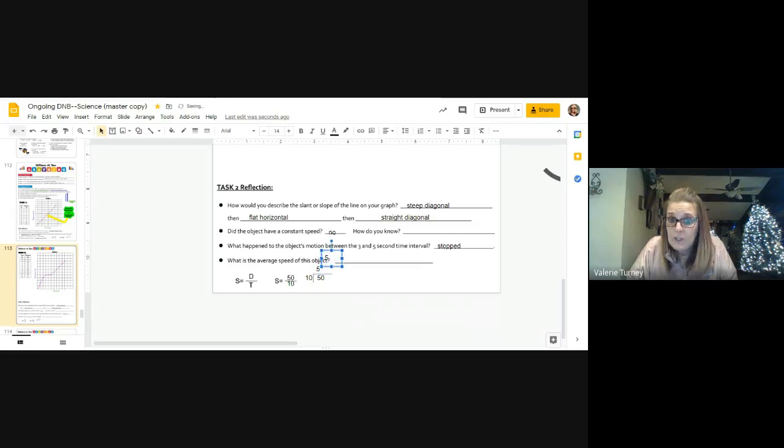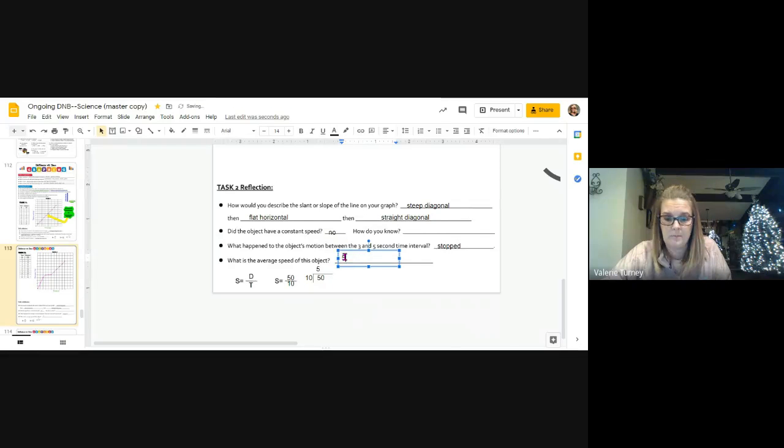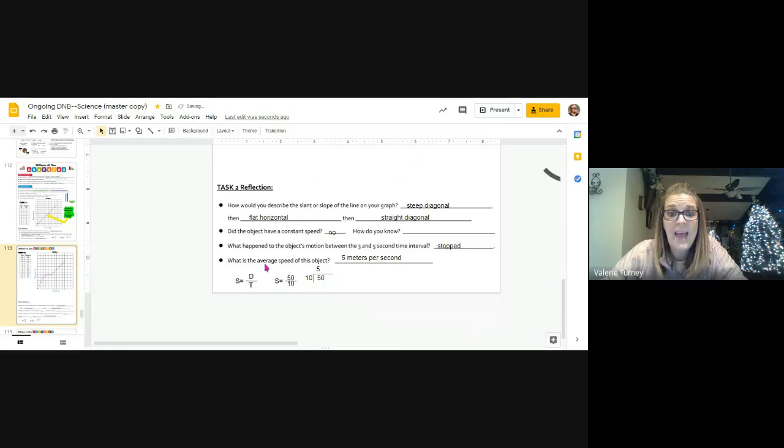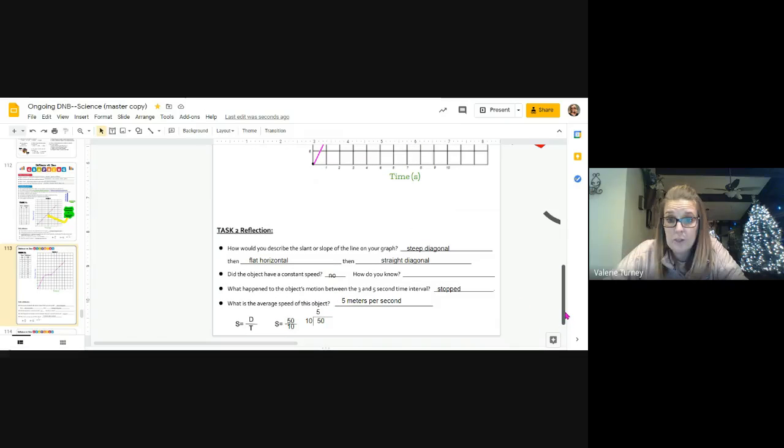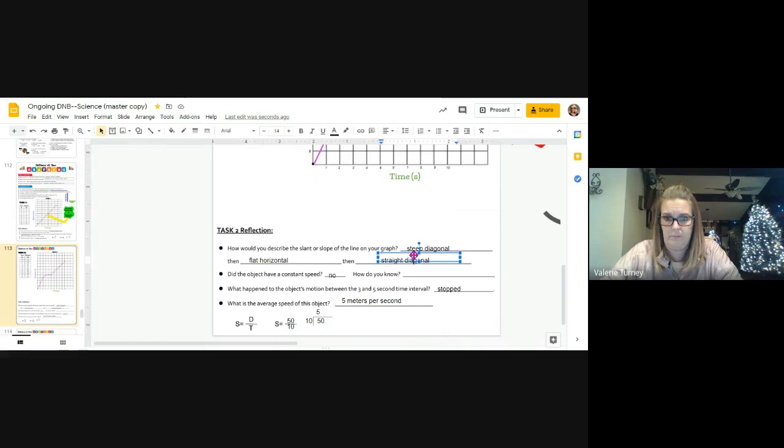They weren't always going 5, but 5 what? 5 meters per second. Now remember, this says average speed. They weren't going 5 meters per second the entire time, but 5 meters per second was their average speed. Oops, what did I do? I took that off. When I duplicated that, maybe I didn't duplicate it. There we go.